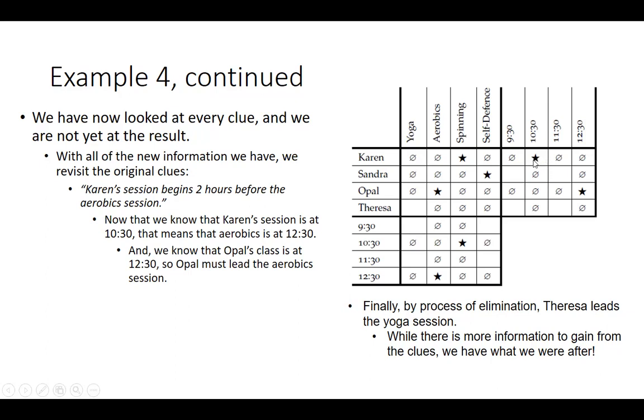And if Karen's 10:30 session is 2 hours before the aerobics session, that means that aerobics must be 12:30. So we mark aerobics at 12:30. None of the other times can be aerobics. None of the other classes can be 12:30.